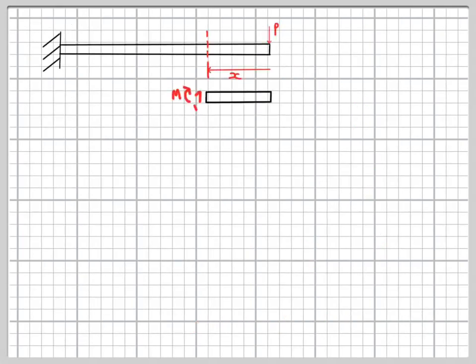With those ideas in place, we can then ask, how do the shear force and the bending moment vary along the length of a beam? Sticking with the example of a cantilever with a point load, we're now going to imagine taking a cut not at a specific position, but at some distance x from the end of the beam, where x can vary.